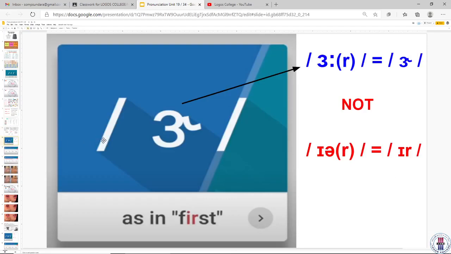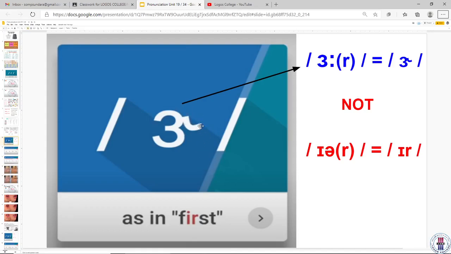All right, let's take a look at the first sound. The phonemes, I don't know why, many dictionaries write this sound different ways. Sometimes you'll see it like this.